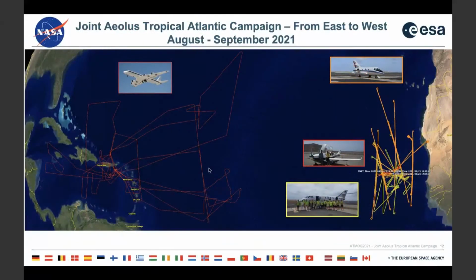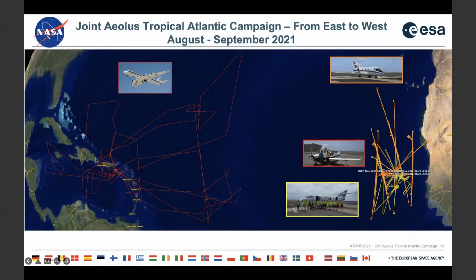Well, we did get to the field, but it was not quite as we planned because COVID continued. During that time, the US Embassy made it really clear that the NASA team could not go to Cape Verde. So quickly we established an alternative plan.